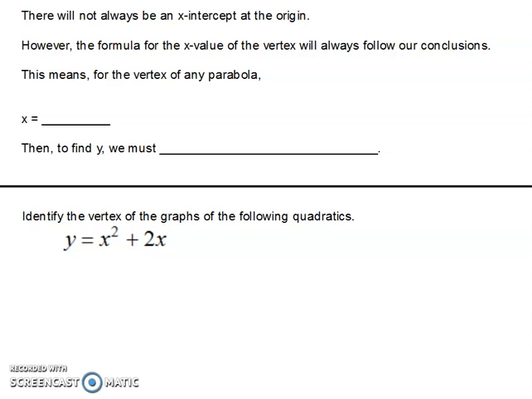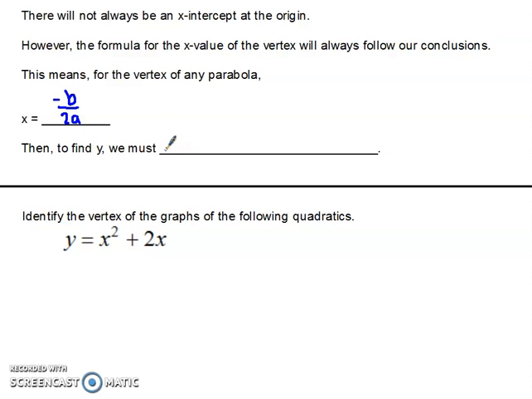Following through that process, we can derive a formula that will work for all cases of parabolas in standard form. The x-coordinate of our vertex can be found by using the formula negative b over 2a. Negative b over a might be familiar from earlier in our lesson, but for our vertex specifically, we find the x value by plugging in negative b over 2a.